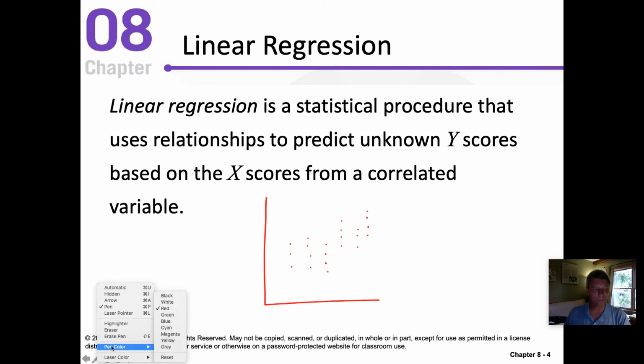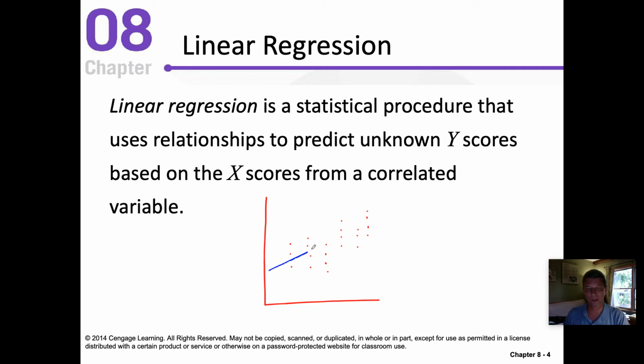Now, in this particular case, I would say that the best fit line, or in this case, the regression line, is going to look something like this. Now, there's no numbers involved here, so this is obviously not a perfect drawing, but that's what it is. And so what the blue line represents is the average value of y at this value of x, and the average value of y at this value of x, and so on.